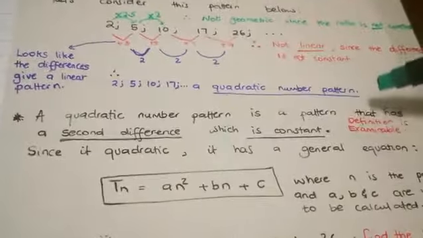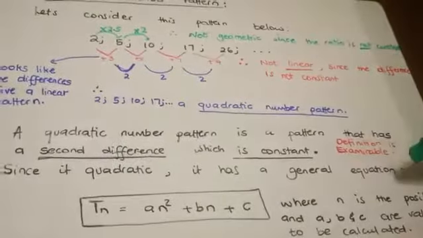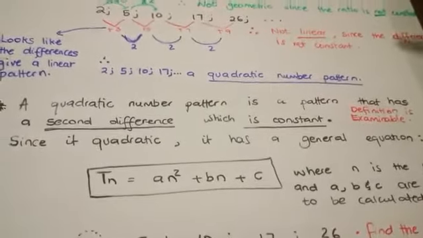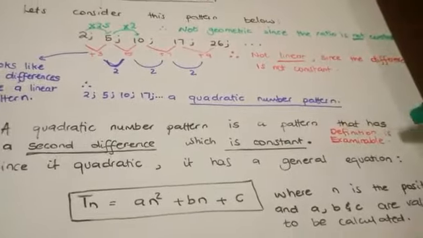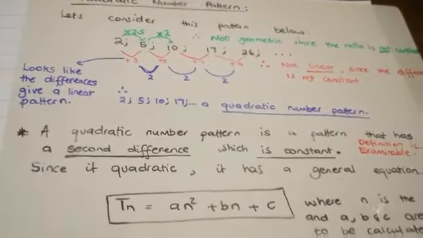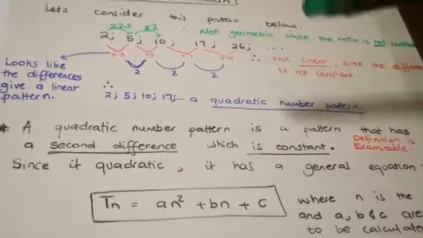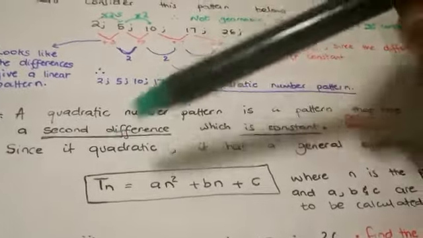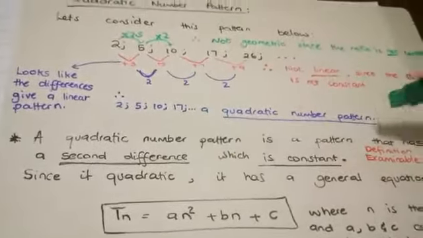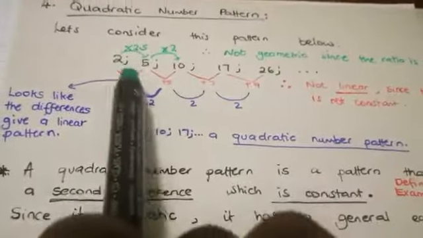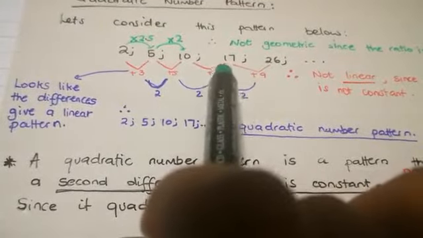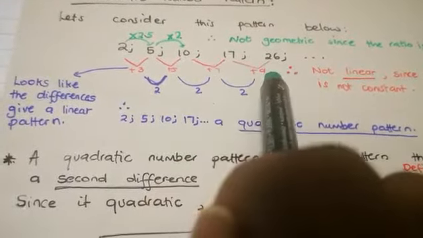Now, what is a quadratic number pattern? This definition you need to know because in an exam you may be asked. That's why I've written here: definition is examinable. A quadratic number pattern is a pattern that has a second difference which is constant. So this is your first difference, the 3, 5, 7, 9.